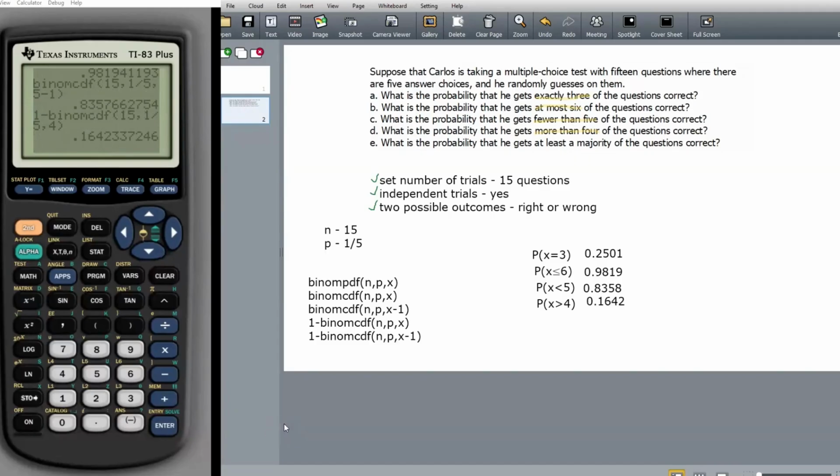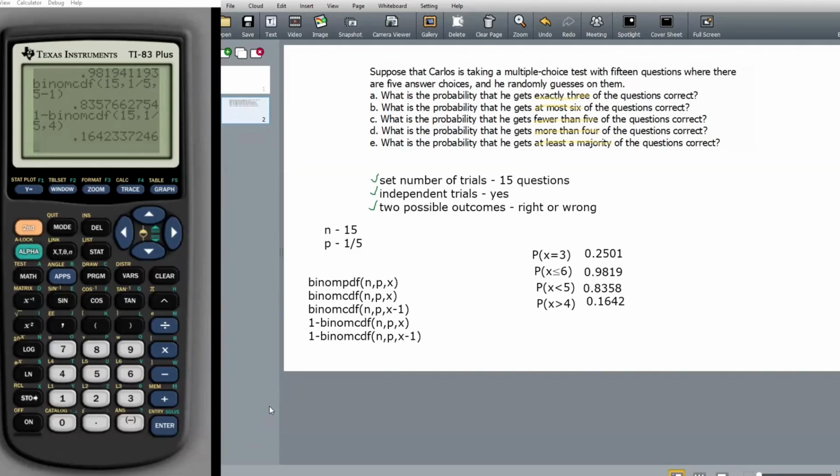And last but not least, for part E, I am asked, what is the probability that he gets at least a majority of the questions correct? Now, this question is a little bit harder than the other ones because it does not give me x directly in the question. Instead, I have to find x and then pick my scenario.